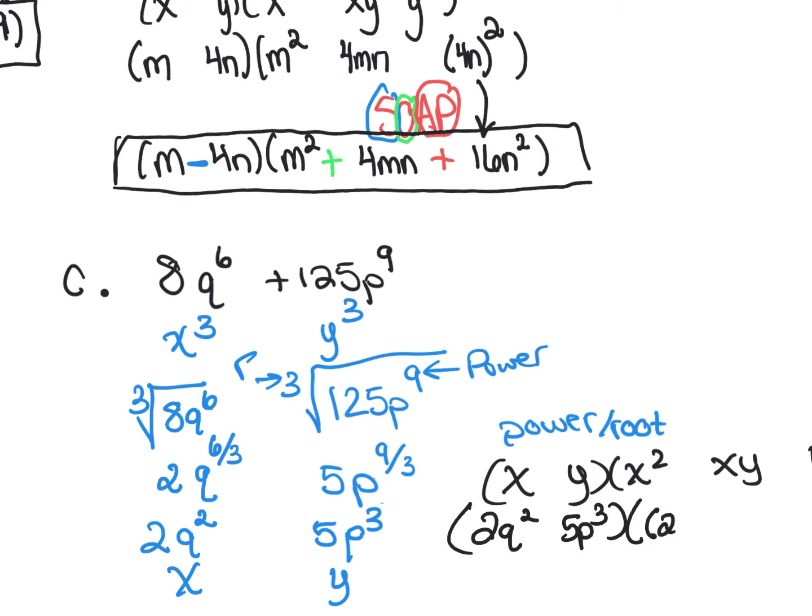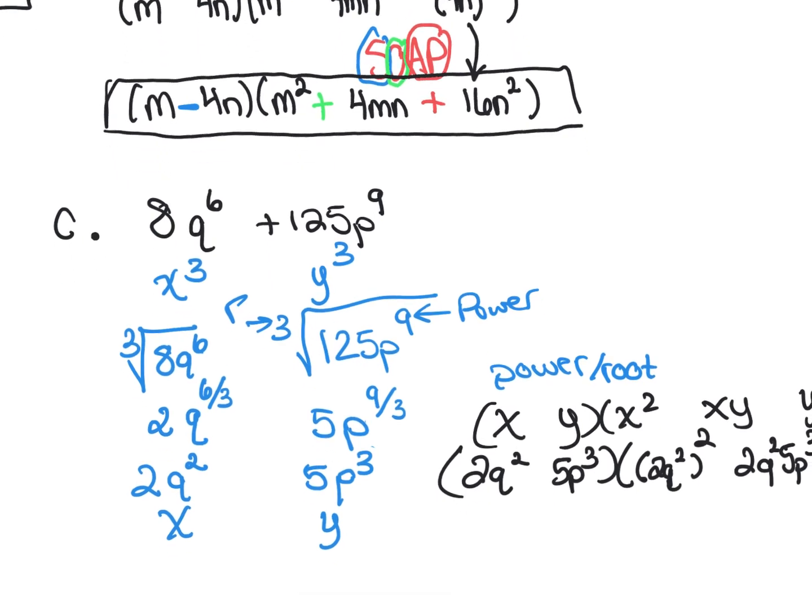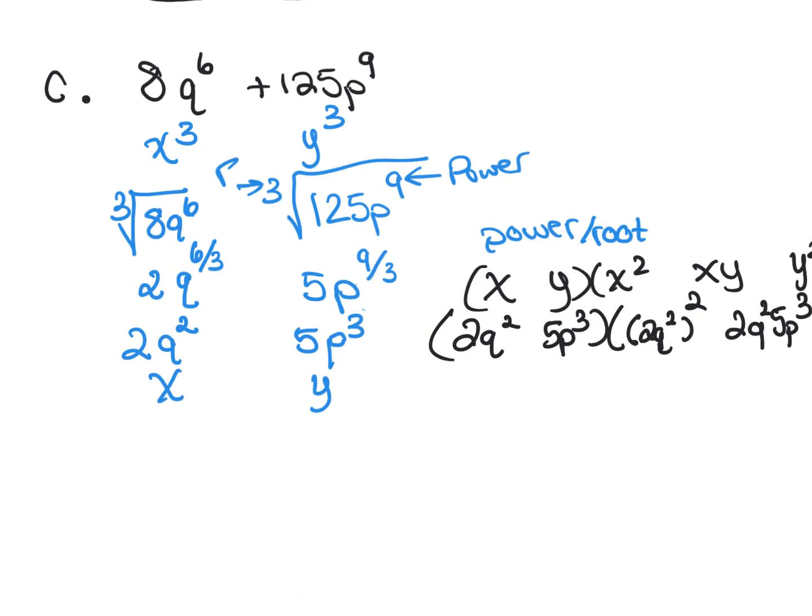So it's going to be 2q squared squared, 2q squared, 5p cubed, and then again, be careful, 5p cubed squared.